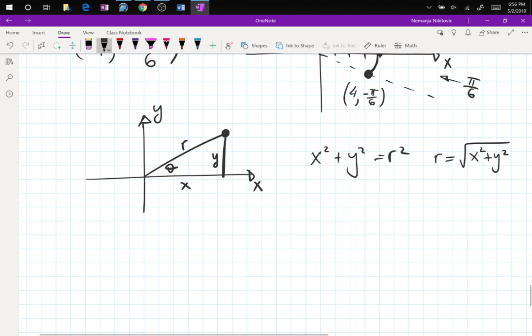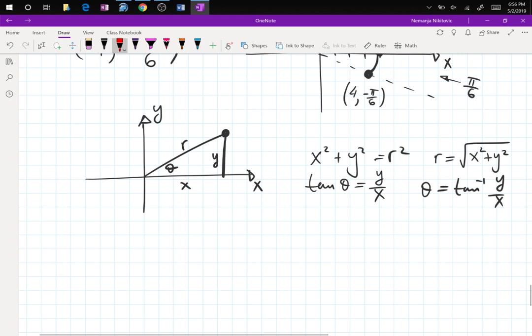So if I give you x and y, you can compute r. This belongs to conversion from rectangular into polar because you are getting a polar answer given the input of two rectangular coordinates. The other one you can write is the tangent of theta as y over x, from where theta is equal to inverse tangent of y over x.